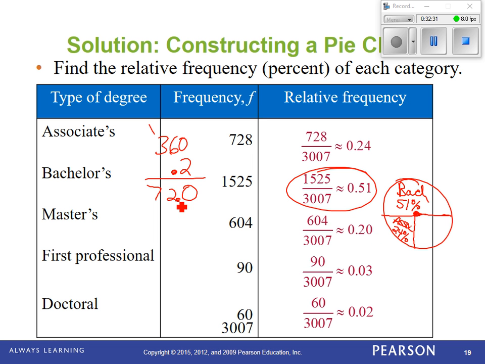Then you got the 3% and the 2%, if we multiplied each of those by 360. 0.03 times 360 is about 11 degrees. And then this last one, if that's 11, this is probably going to be 9 or something around there, right?